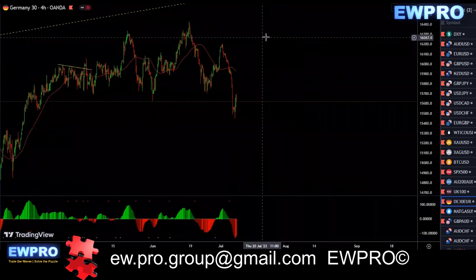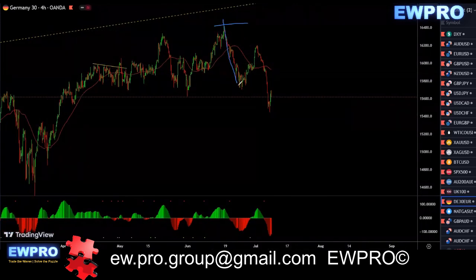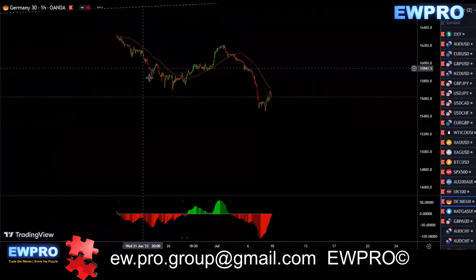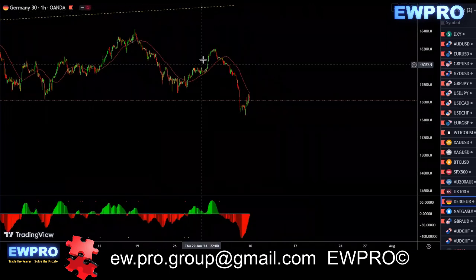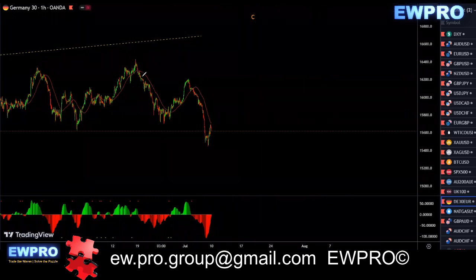I think last week we were only looking for the sell. This was the top here. We got that impulse down, looking for a correction, and then another one down. Pretty sure that's what we were looking for last week. So we had that impulse down. Not much of a correction, but yeah.